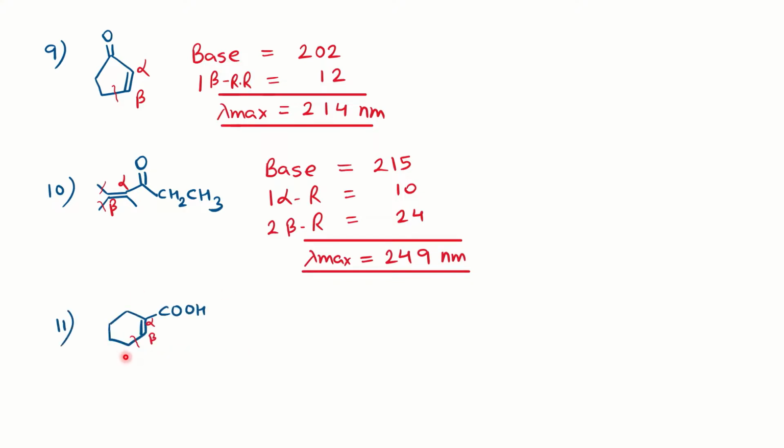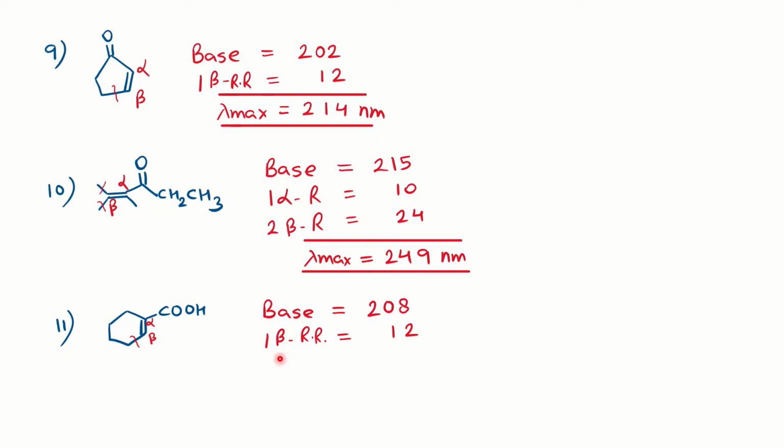In this particular problem, again, it's very simple. You have an acid functional group with conjugation, right? So for conjugated acid, 208 is the base value. Then you just have to go with the ring residues here. If you notice, I have missed something, so you have to rectify it. You have one ring residue at the alpha position also, as well as one ring residue at the beta position.